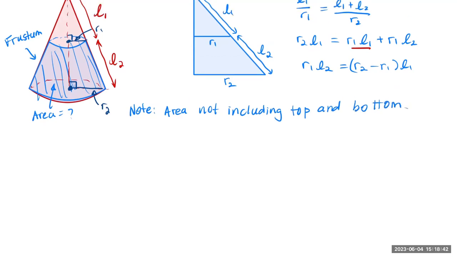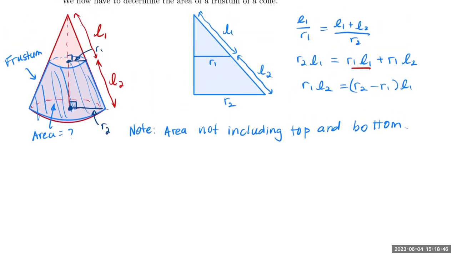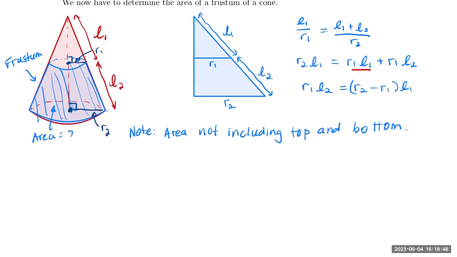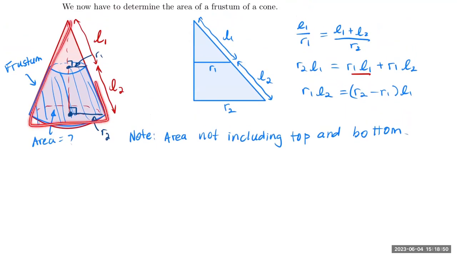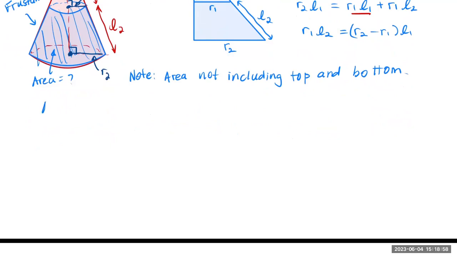So let's first see that if we take the area of the larger cone, which is going to be this entire part, and we subtract it from the area of the smaller cone. So let's start with that. So the area is equal to the area of the larger cone minus the area of the smaller cone.